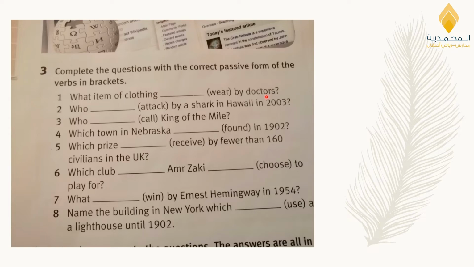A white coat. Yes. Number 2. Who was attacked by a shark in Hawaii in 2003? So this is something that happened and finished. So who was attacked by a shark in Hawaii in 2003? Yes, it was Bethany Hamilton.